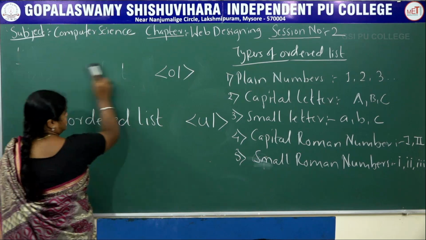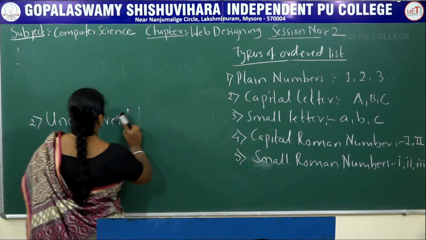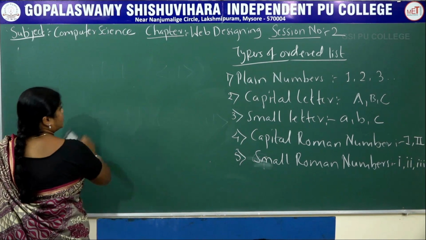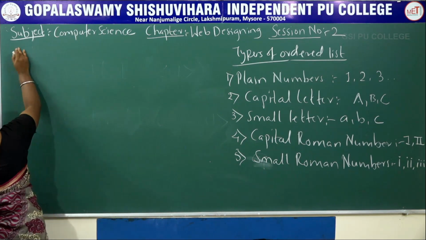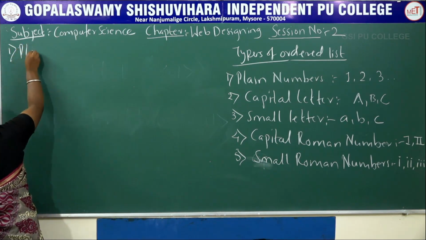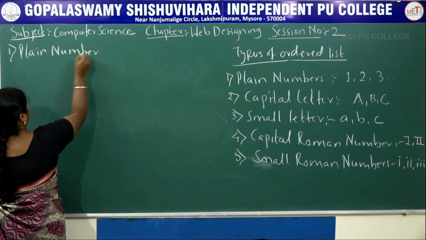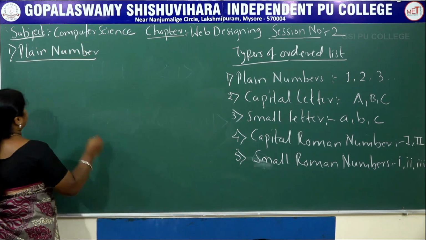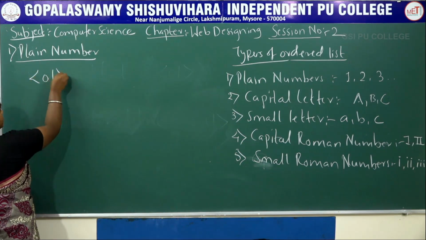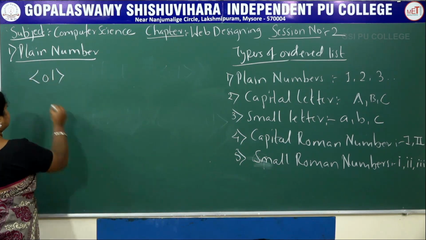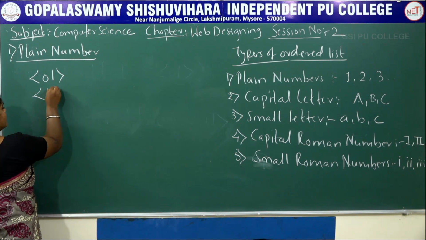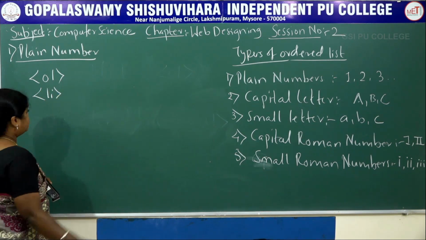So first we will see how to number the items in the list for plain numbers. That is the first one, plain numbers. If I want to display the items in the list using plain numbers, in that case the tag we have to use is OL tag, as usual, and then the next one we are going to use is LI tag.